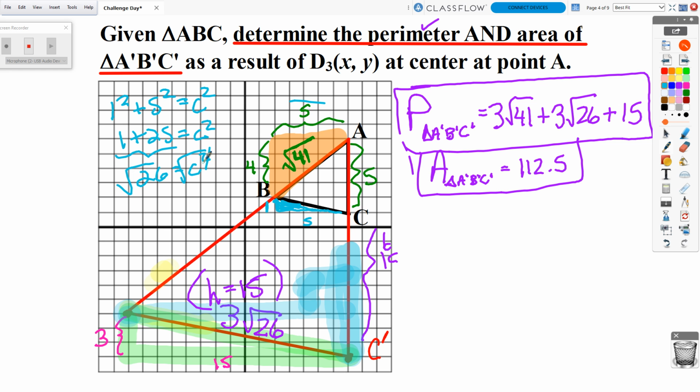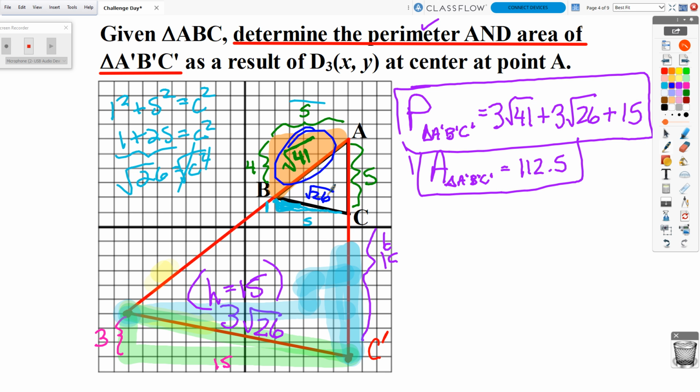Square root both sides. 26 isn't a prime number, but if I break it down into the square root of 2 and the square root of 13, both are prime and there are no repeated factors, so the square root of 26 is fully simplified. The length of segment BC is the square root of 26.